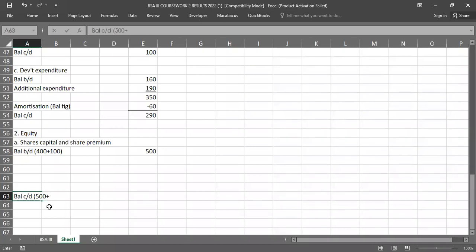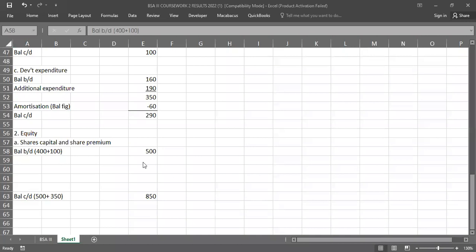And then share premium is 350, giving me 850. These ones are from the balance sheet, so there's nothing to worry about.